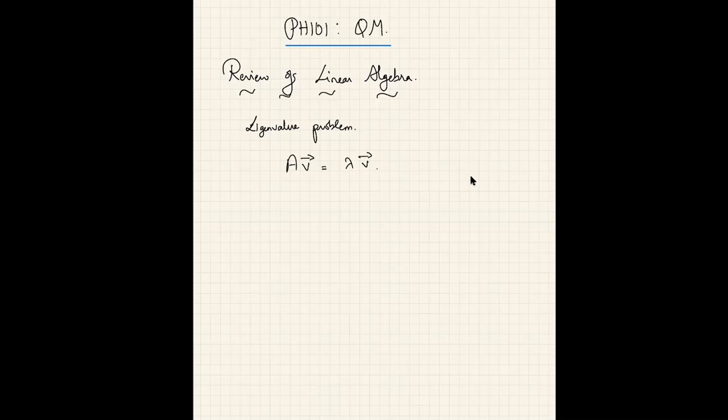This is called the eigenvalue equation, as you know. So our goal is, given a matrix A, what are the various lambdas and the vectors V?